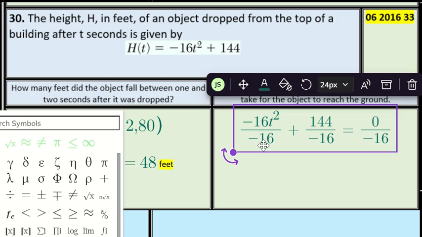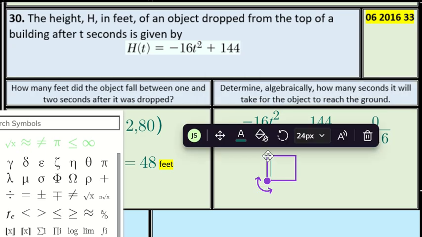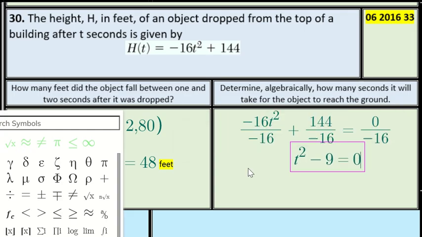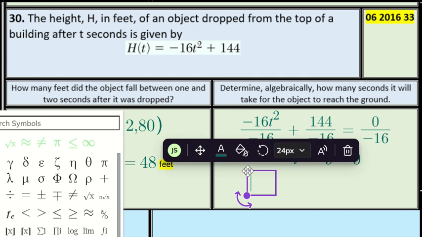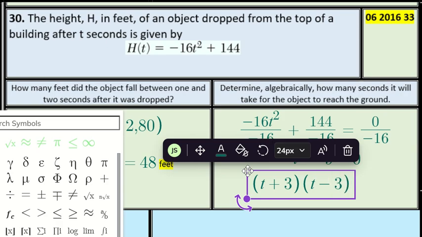Now, if I divide every value by negative 16, I end up with t squared minus 9 equals 0. So this is actually a difference of perfect squares. t plus 3 times t minus 3 equals 0.